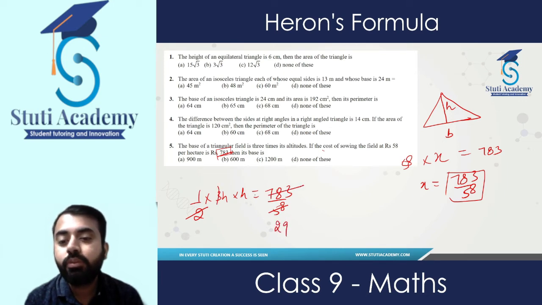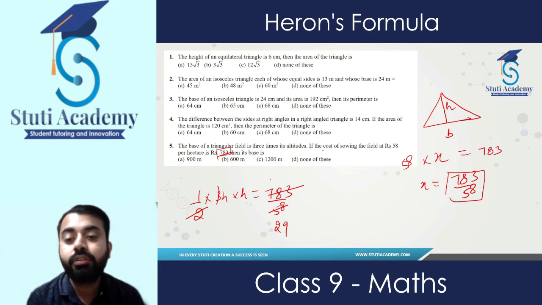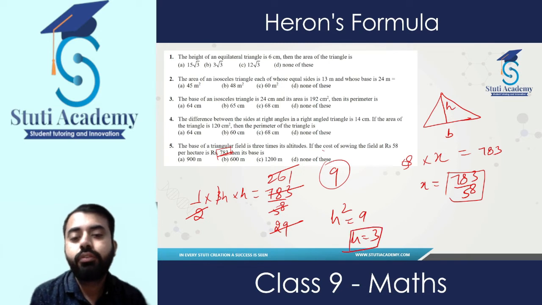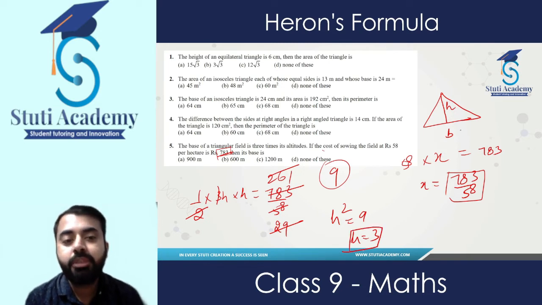This will cancel out at 3. 3 2s are 6, 3 6s are 18, and 3 1s are 3. Now see if this is cancelling out or not. 9 9s are 81, 9 2s are 18, 18 plus 8, 26. Cancelled out. You got h square, which was 9. h was 3. I got my height 3. Base will be what?